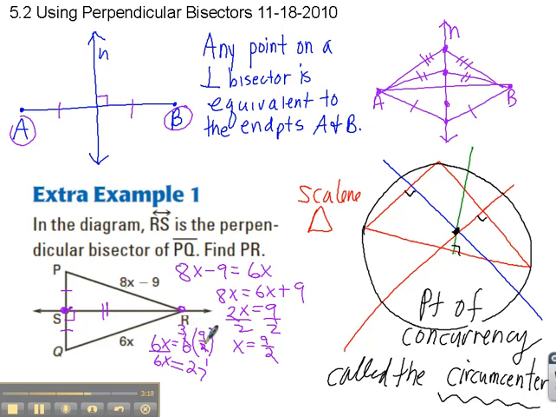There's another very unique thing about perpendicular bisectors. If you make a scalene triangle, a scalene triangle means that none of the sides or none of the angles are congruent. If we draw this scalene triangle here, and we take the perpendicular bisector of all sides.